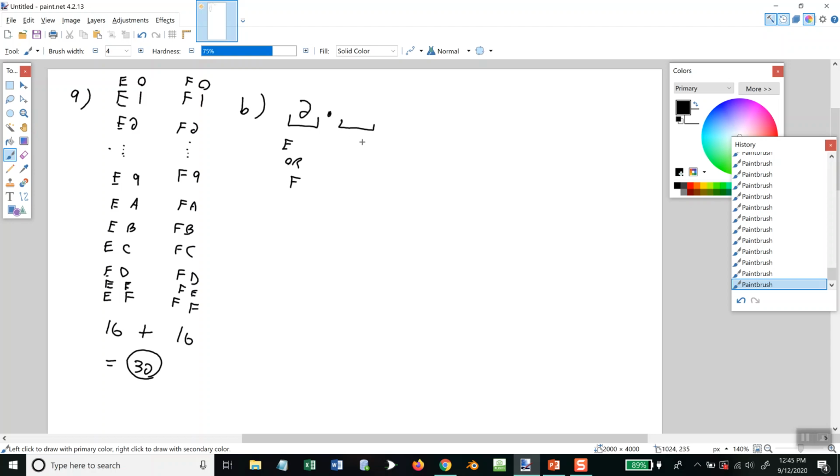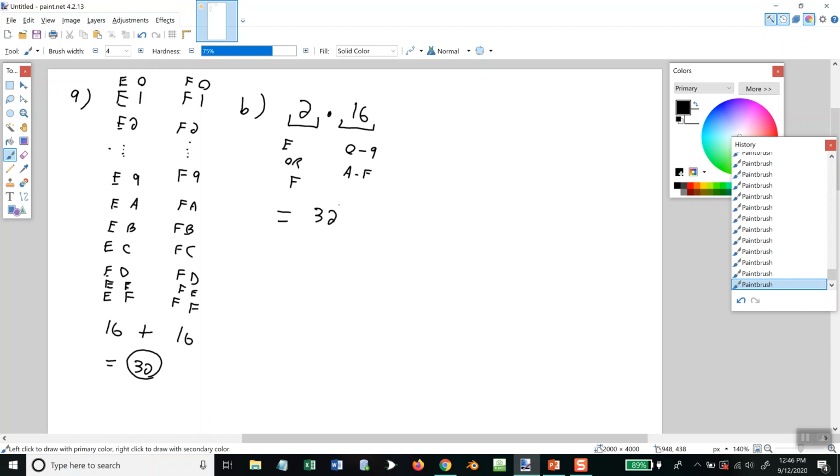From the multiplicative principle, we multiply. And this can be anything from 0 to 9 or A through F, which is a total of 16 possibilities. Well, 2 times 16 is 32.